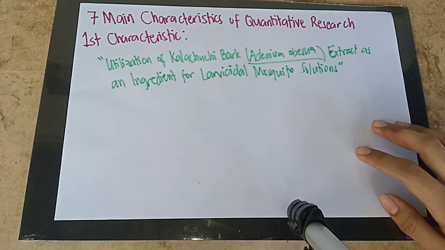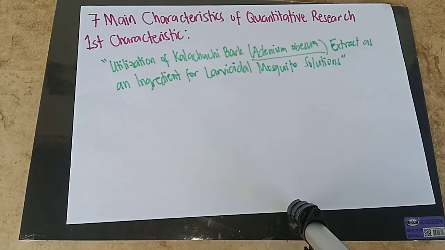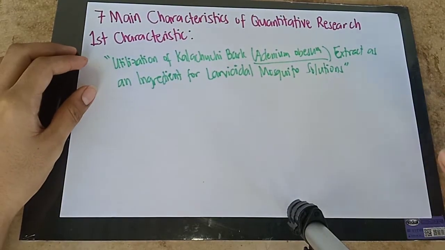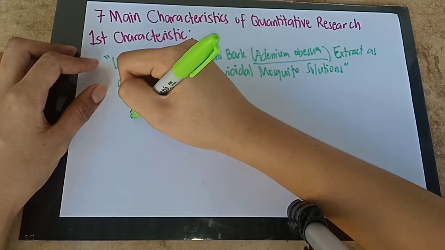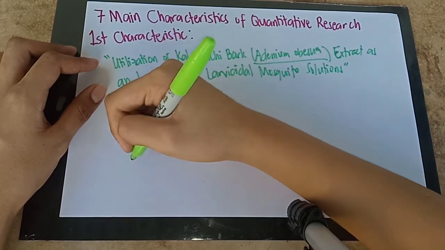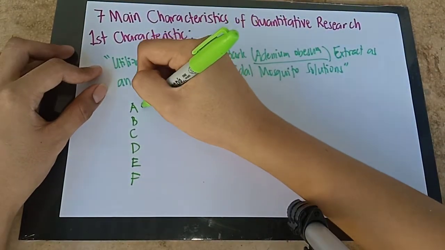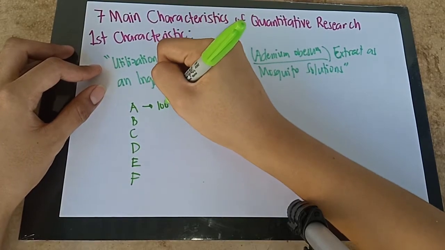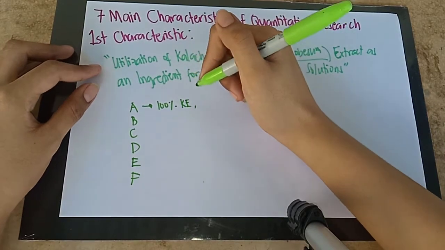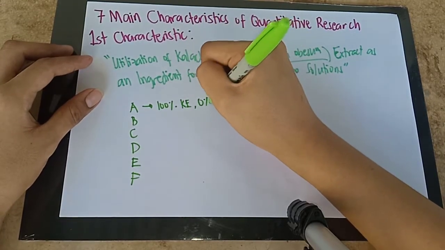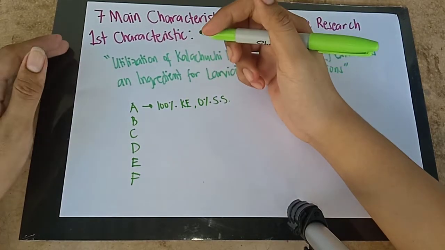Okay? So, let's say in this certain study it uses different treatments. It contained 6 setups. In the first setup, it contains 100% Calachuchi extract and 0% saline solution. Saline solution, meaning to say, salt solution.